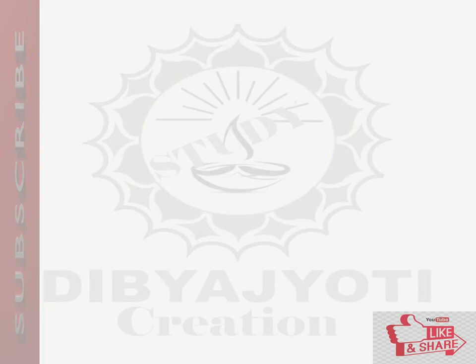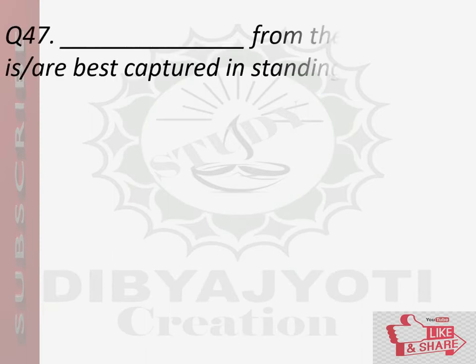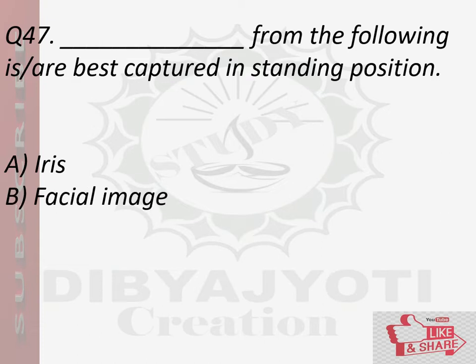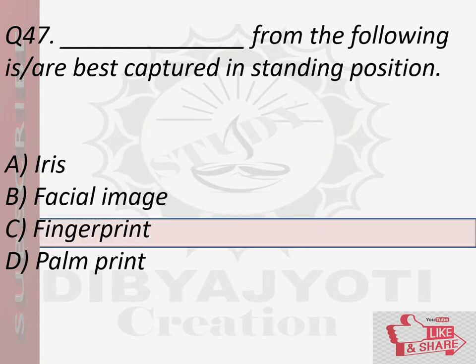Then next, question number 47. Dash from the following are best captured in standing position. Options are option A, iris, option B, facial image, option C, fingerprint, option D, palm print, and answer is fingerprint.